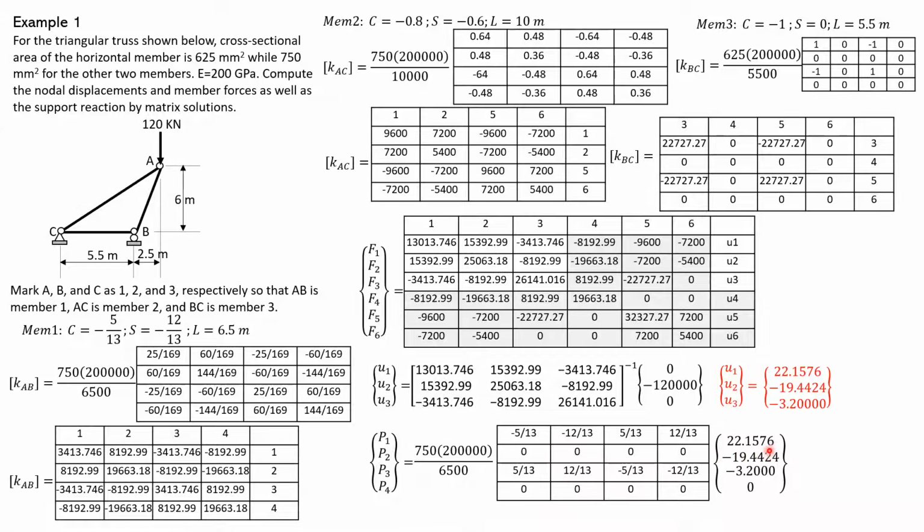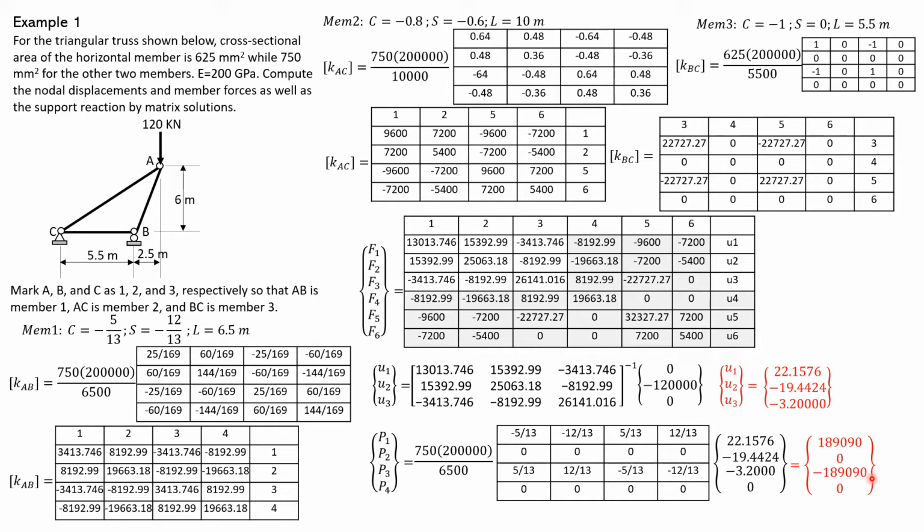Negative 5 over 13 times 22.1576 plus negative 12 over 13 times negative 19.4424 plus 5 over 13 times negative 3.2 plus 12 over 13 times 0, that would be P1. And P2 would be 0. P3 would be the negative of P1. So because P1 is 189,090, this is rounded off, you just check it. And then P3 would be the negative of P1.